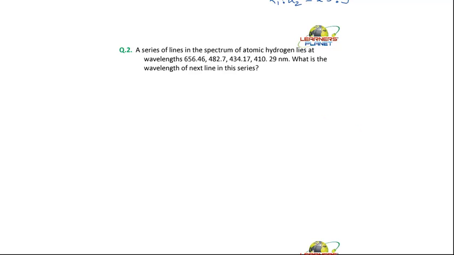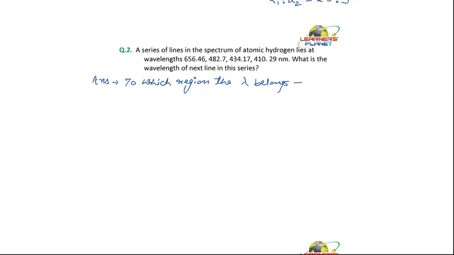Now the first step is to find out to which region the wavelengths belong.